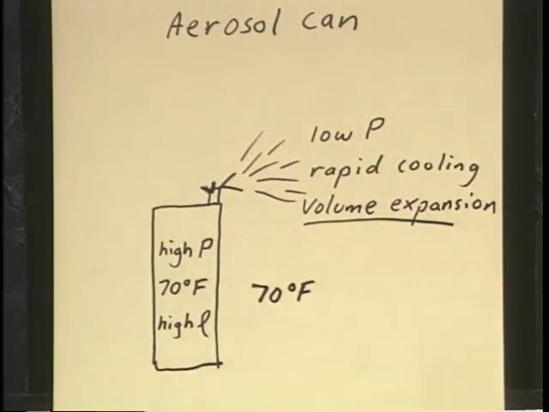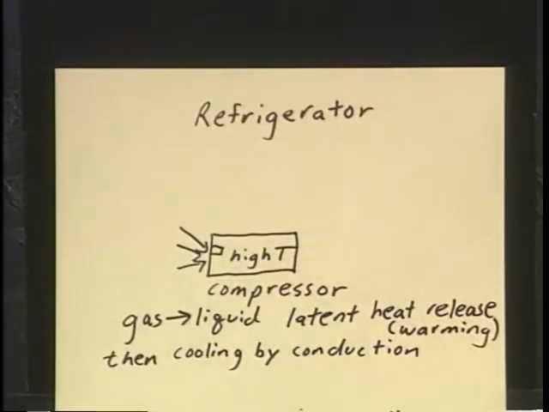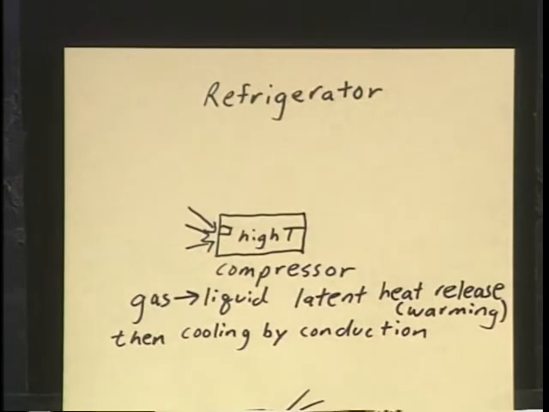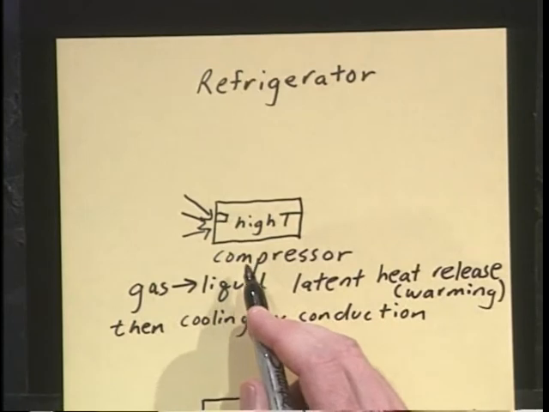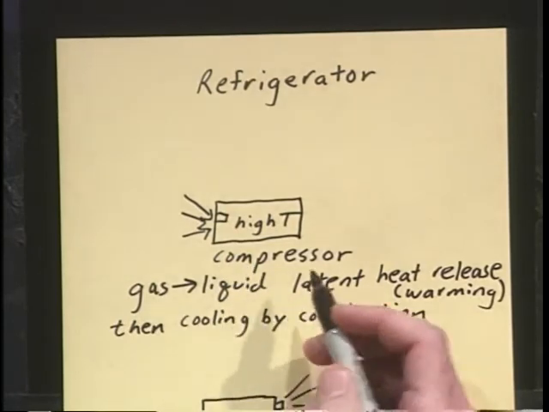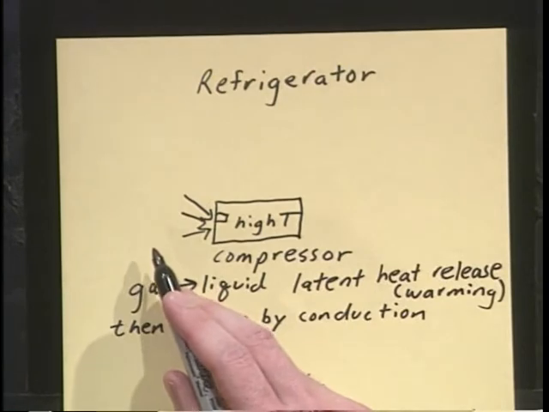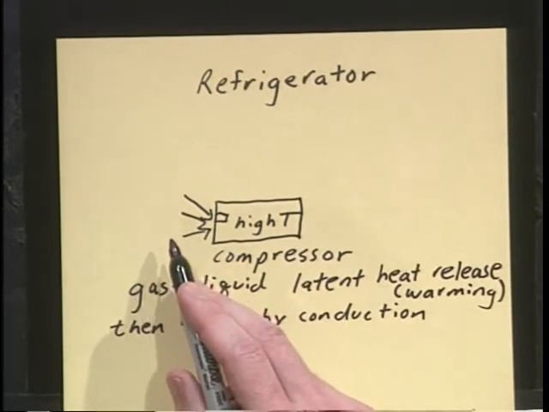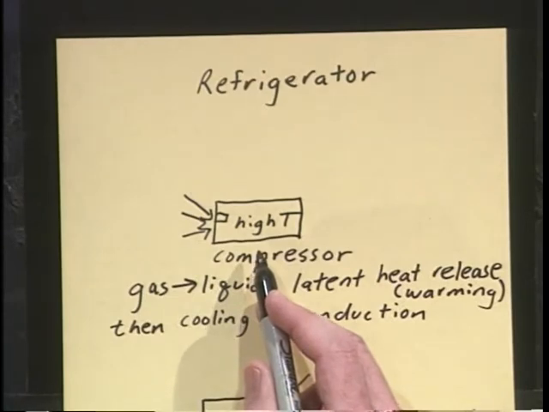Next, we'll look at basic refrigeration process. So for the refrigerator, we have a compressor, and what that means is it's taking air or a certain substance. It's taking a substance that has a smaller density and compressing it into a much higher density.